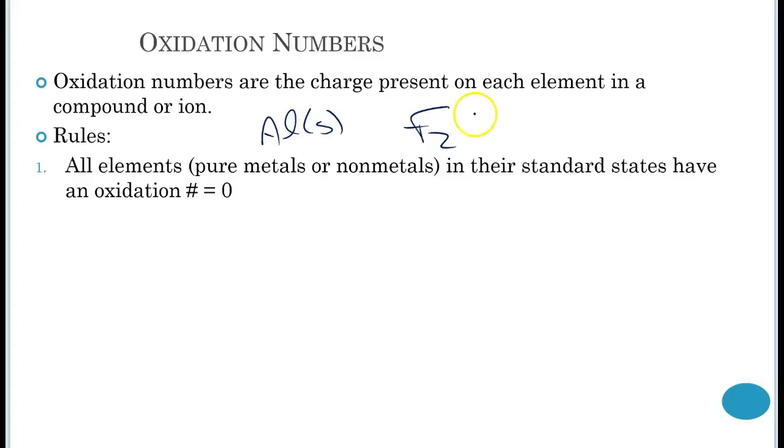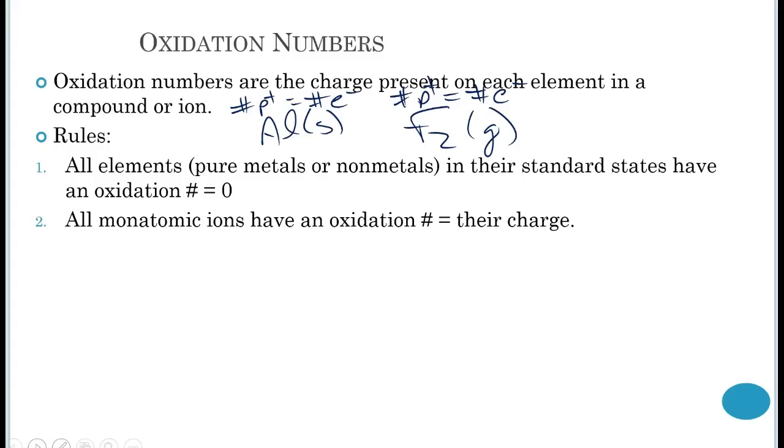Aluminum would be a solid, fluorine is a gas, and they have an oxidation number of 0 because the number of protons equals the number of electrons. It's electrically neutral. It doesn't have a charge on it.